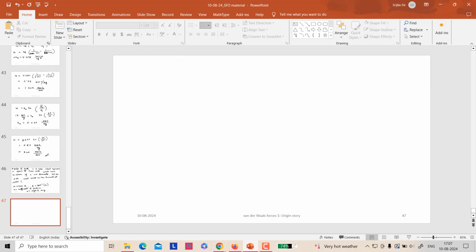So alpha will be tan inverse 0.29, that is nothing but 16.17 degree.